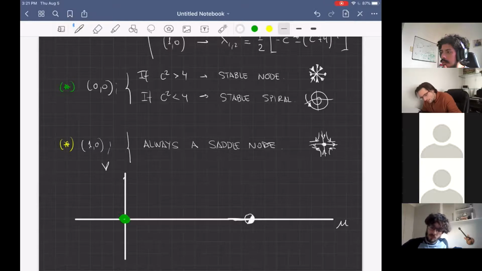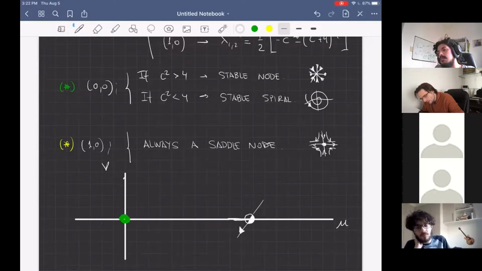Okay, so let's imagine that I calculated the eigenvectors of this fixed point, and I got that this is the direction in which these trajectories are leaving the fixed point. And now I am saying that c squared is smaller than 4.